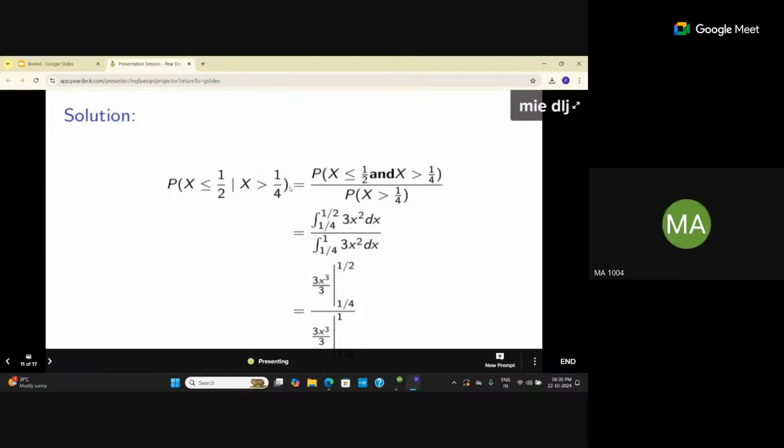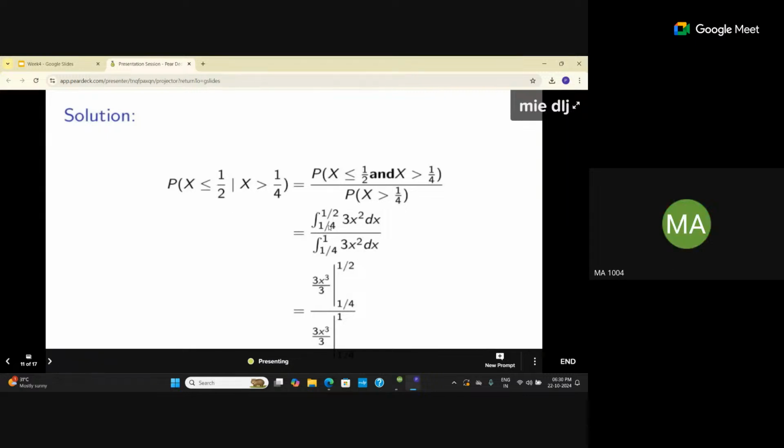So this is the conditional probability, right? Yes, ma'am. Okay. So what you have to do here, it will be x less than or equal to 1 by 2 and greater than 1 by 4. So x minimum is taking 1 by 4, and maximum it is going up to 1 by 2. Right.